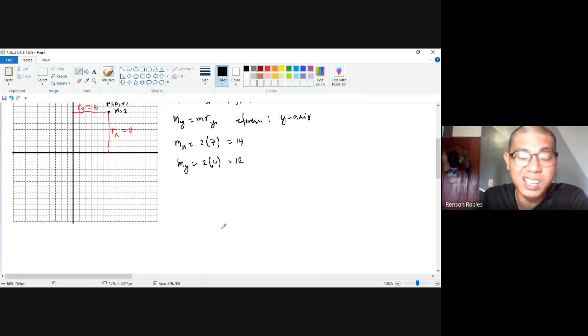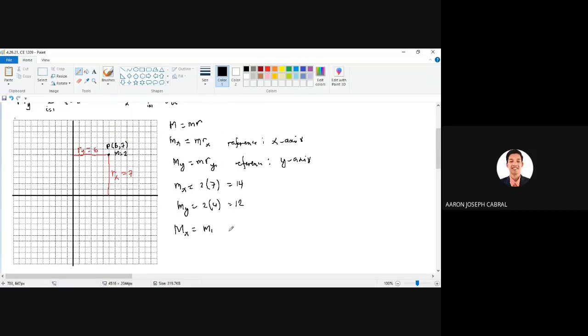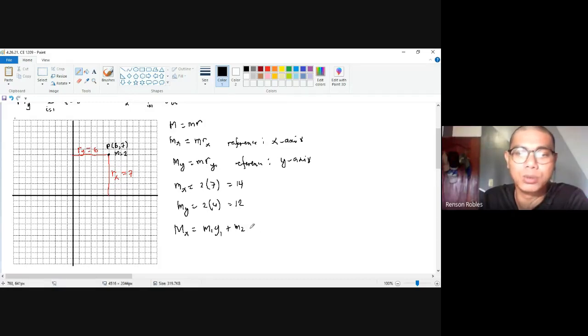So let's see, moment in x is equal to m1, and then what are we getting? What component are we using? If we're looking for the moment in x, we are using the y component. That's y1, plus m2 y2, plus running until mn yn.